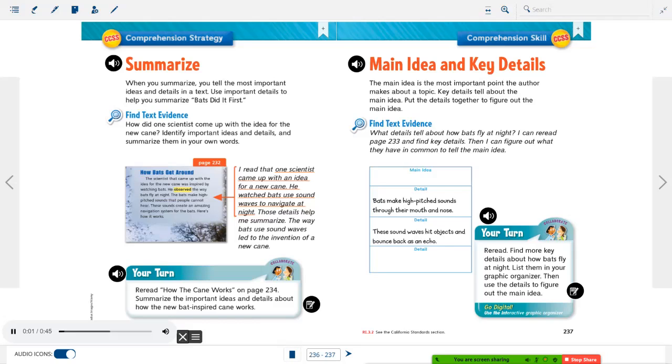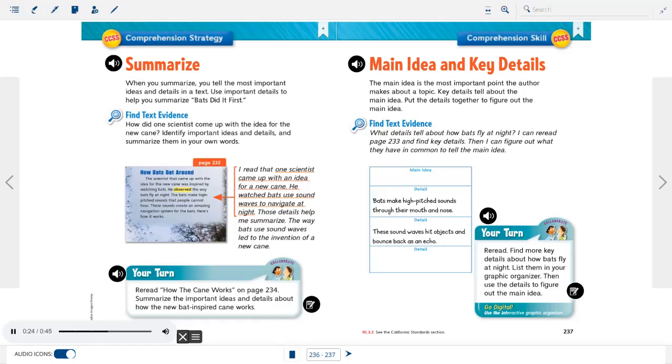Main idea and key details. The main idea is the most important point the author makes about a topic. Key details tell about the main idea. Put the details together to figure out the main idea. Find text evidence. What details tell about how bats fly at night?